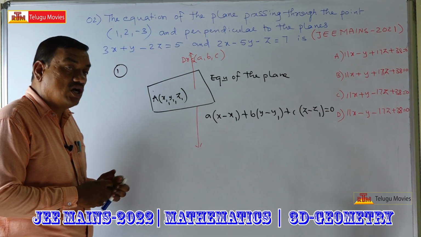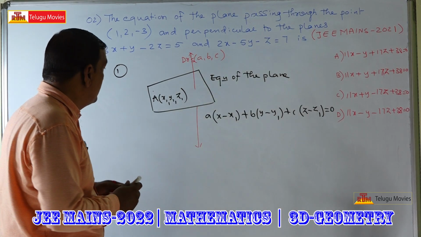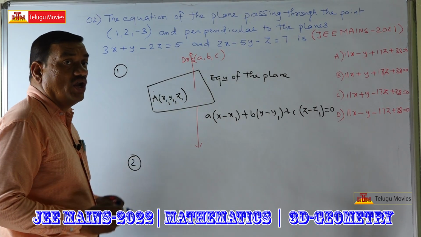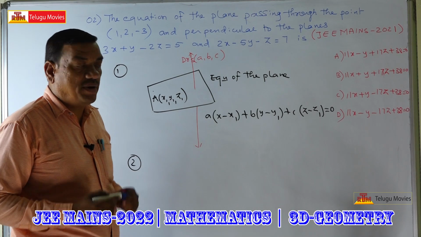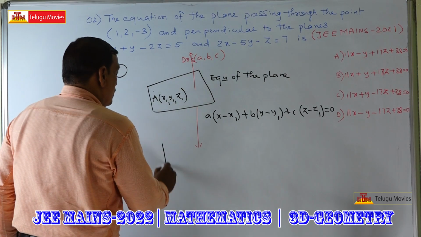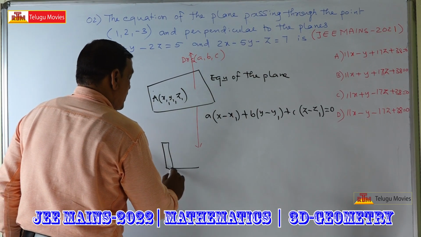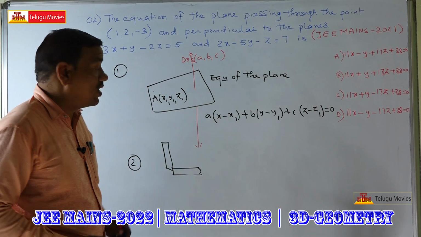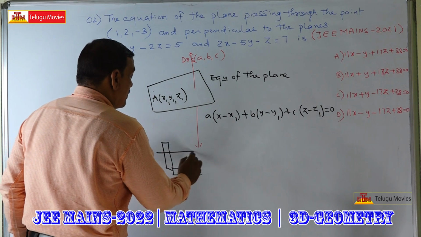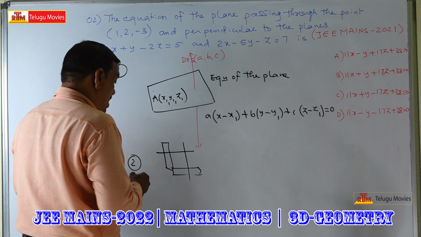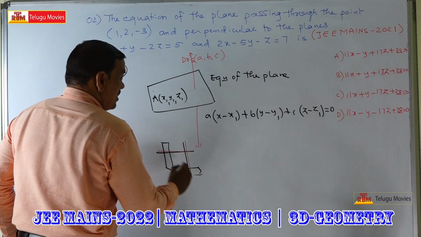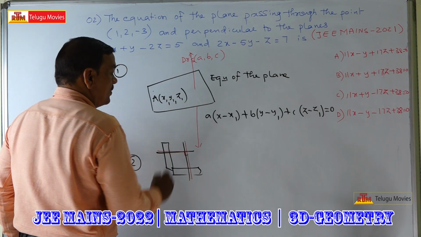So this is the first concept you should know, and the second concept is if two planes are perpendicular. For example, this is one plane and another plane. If these two are perpendicular, perpendicular means their normals should be perpendicular. So this is one normal, and it is the normal n1.